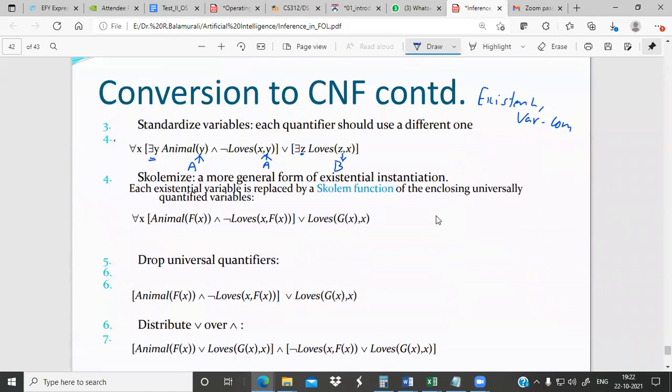If you see this statement, for all x, there exists a y such that y is an animal and x does not love y. So there is some animal which is not loved by x.